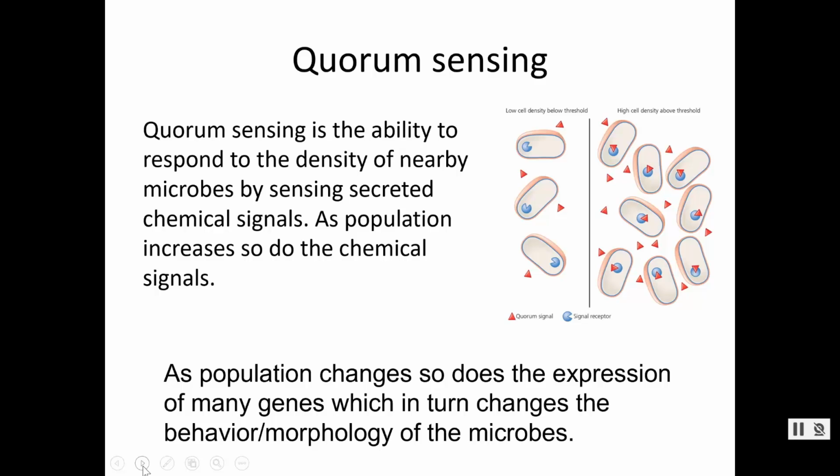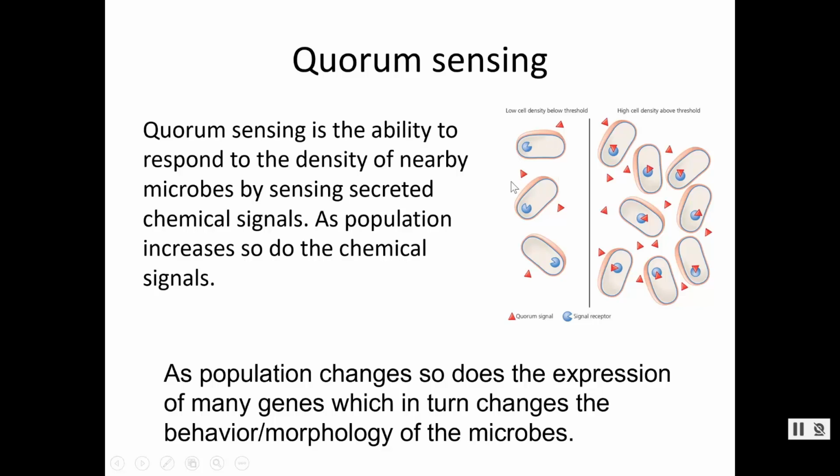So quorum sensing is defined as the ability to respond to the density, so how many, of nearby microbes. They do this by sensing secreted chemical signals. As population increases, so do these chemical signals. So each one of these bacteria individually is capable of secreting these chemical signals. So, they make a protein, they secrete it in the environment.